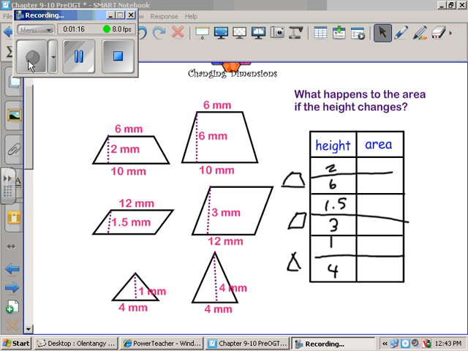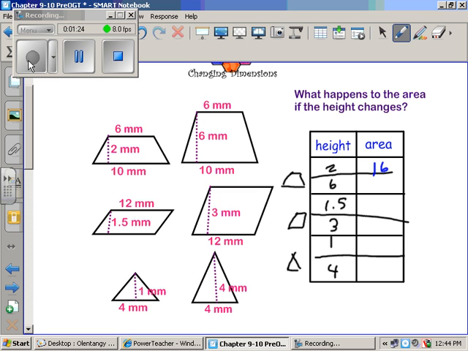Okay, so when the height is 2, what's the area of the trapezoid? 16. When the height is 6, what's the area of the trapezoid? 48. Okay? So the parallelogram, 1.5 height means what area? 12 times 1.5 or 18.